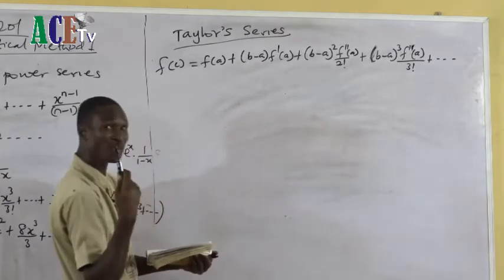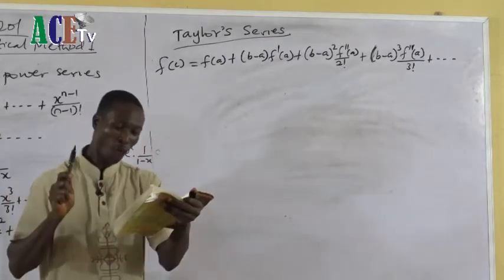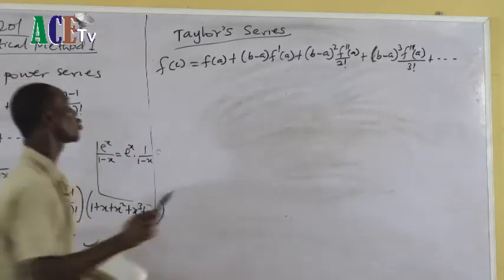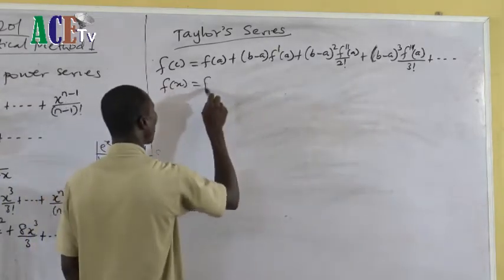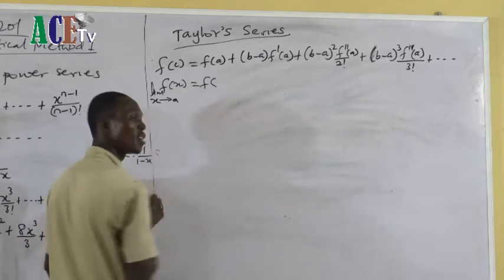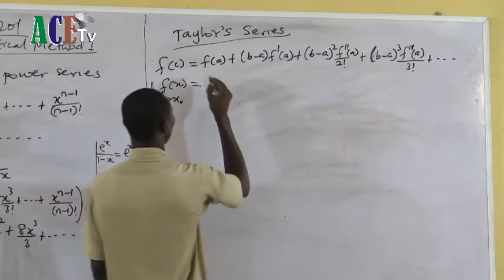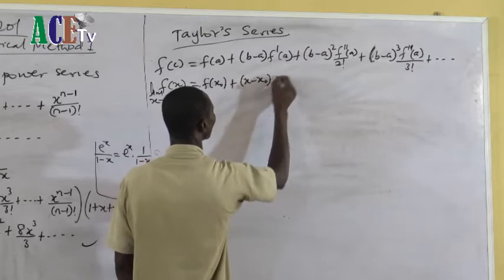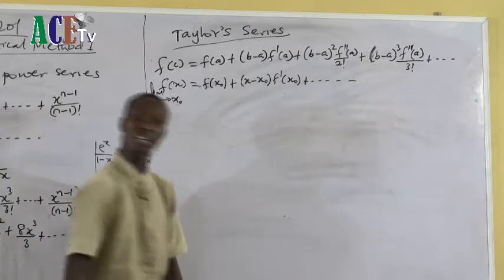Now I can change my function to a function of x. So don't be surprised if you see me write it with the limit x tends to a, or let me even write x tends to x naught, and I'll have f of x naught plus (x minus x naught) f prime of x naught, and so on in this expansion.